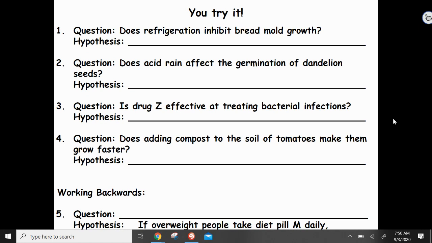Usually you have a container or a pile somewhere, and it gets turned and twisted, and over time bacteria in the soil break it down, and pretty soon you have a nice, nutritious, fertile material that you can add to plants and things, and it will feed the plants. And that's the idea behind it. So my hypothesis might be, if compost is added to the soil, then tomatoes will grow faster, or something like that.